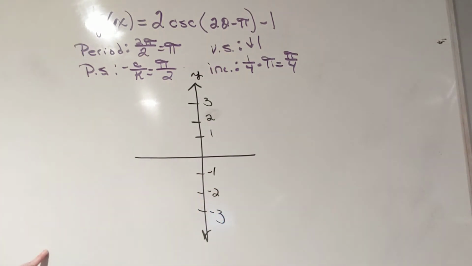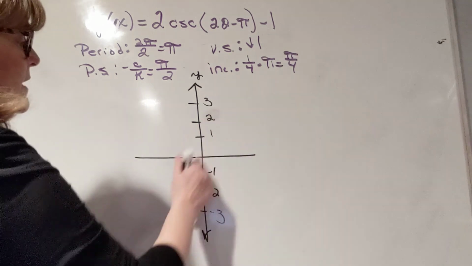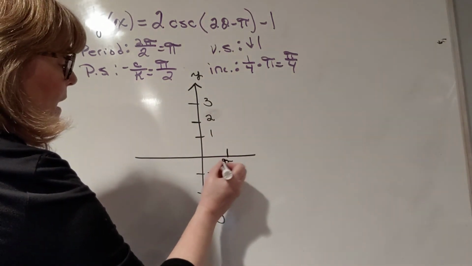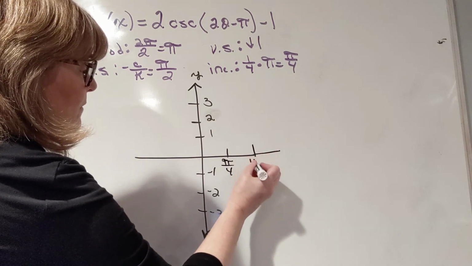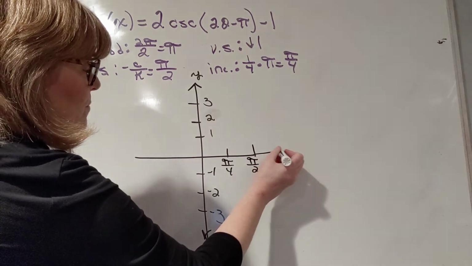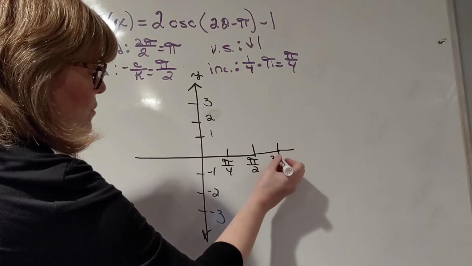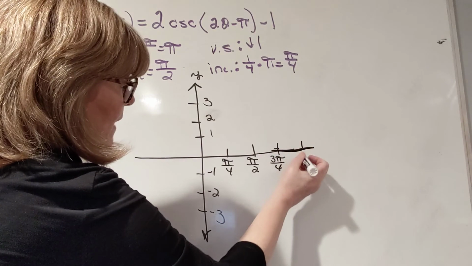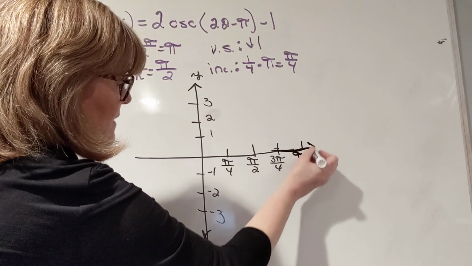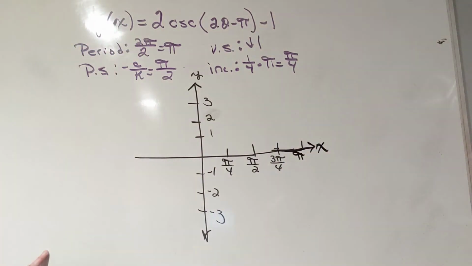And then along our x-axis, we're going to go by increments of pi fourths. 0 plus pi fourths is pi fourths. Pi fourths plus pi fourths is 2 pi fourths, which simplifies to pi halves. 2 pi fourths plus another pi fourths is 3 pi fourths. 3 pi fourths plus another pi fourths is 4 pi over 4, which simplifies to pi, and that's your x-axis.